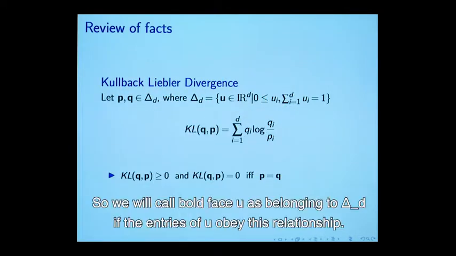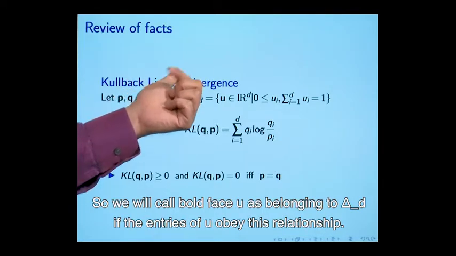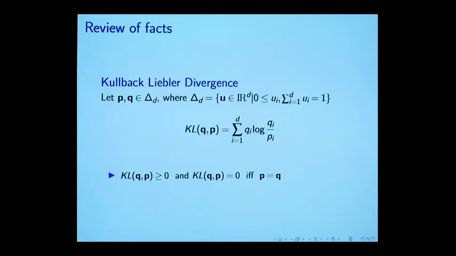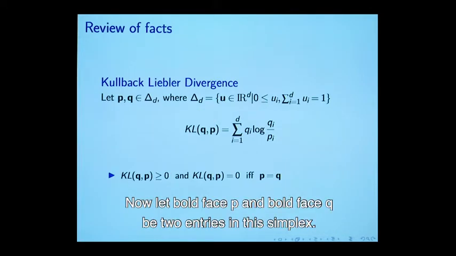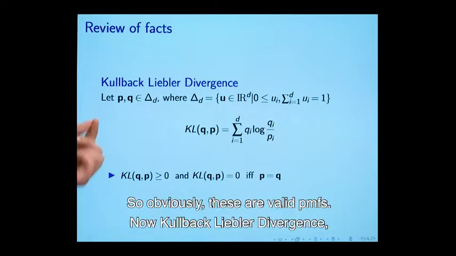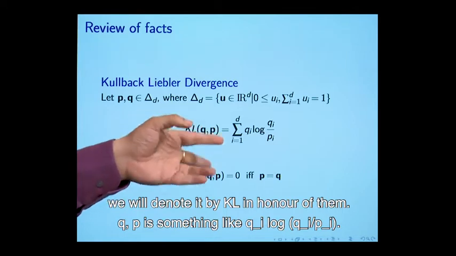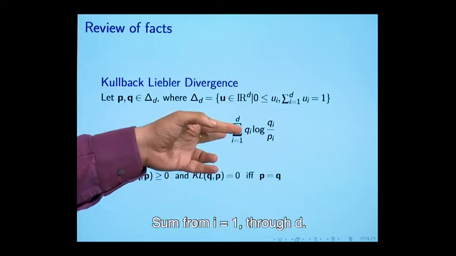So we will say boldface U belongs to delta D if the entries of U obey this relationship. Now let boldface P and boldface Q be two elements of this simplex. Obviously these are valid PMFs. Now, Kullback-Leibler divergence, which we will denote by KL in honor of them, of Q and P is the sum from i equal 1 through D of Qi log Qi by Pi.